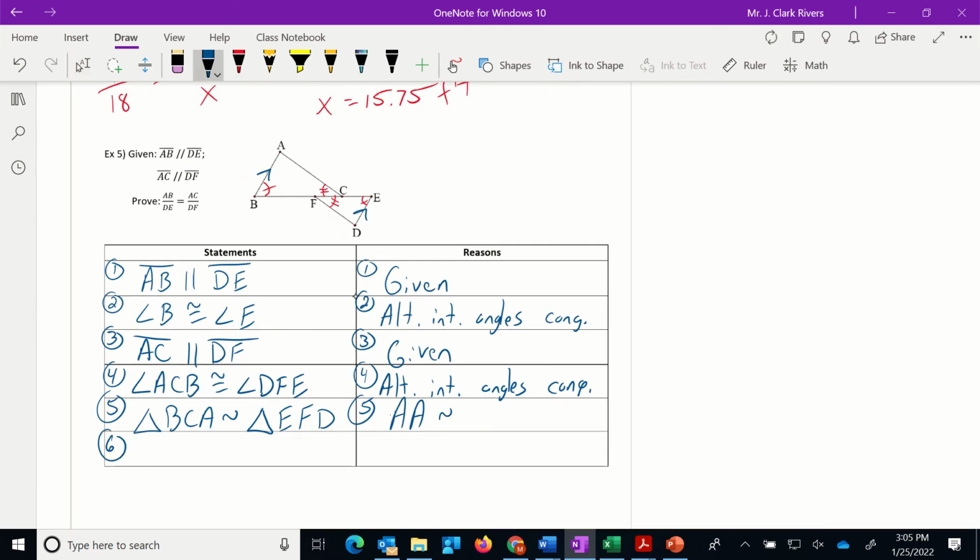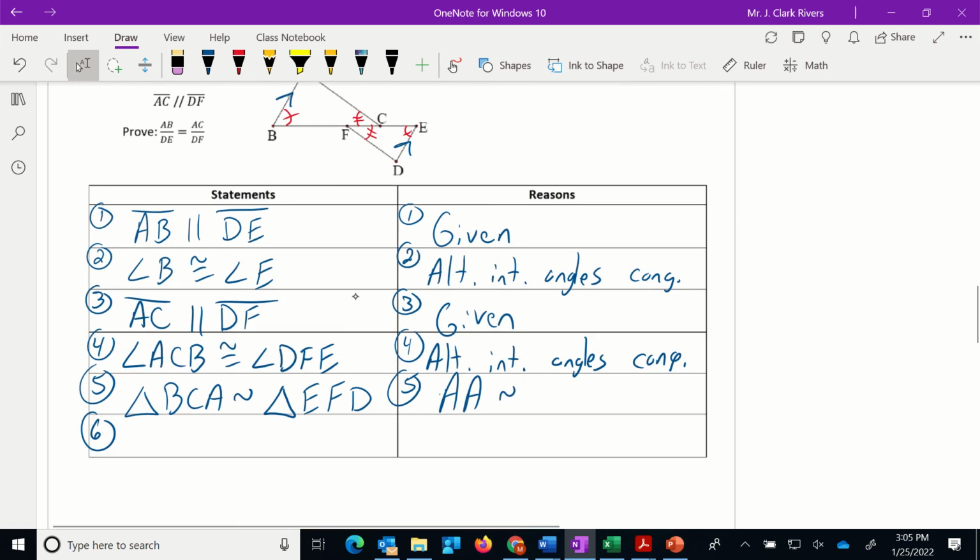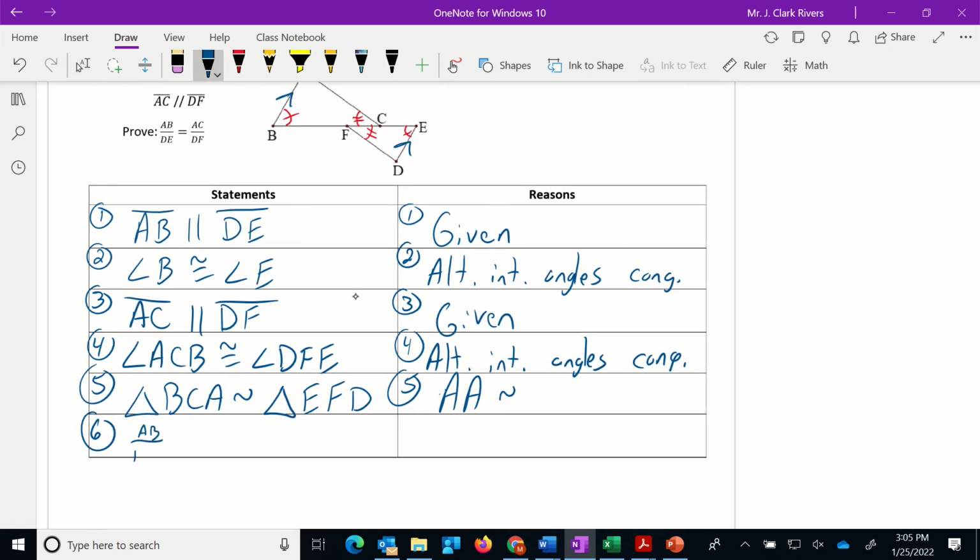And then number 6, we now know that AB over DE is going to have to be equal to AC over DF, because corresponding parts or corresponding sides of similar polygons are proportional.